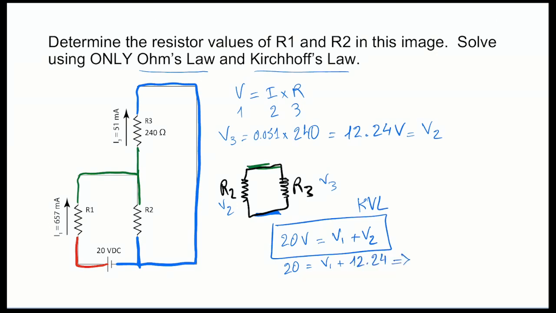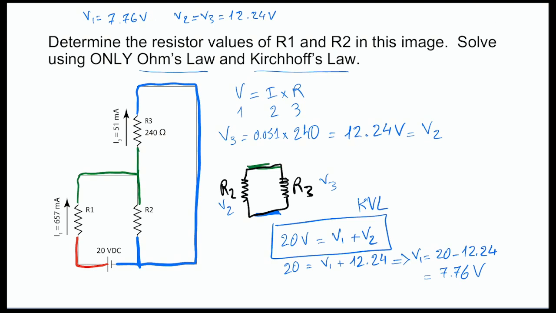Therefore, V1 is going to be equal to 20 minus 12.24, which is 7.76 volts. So we have V1 equal to 7.76 volts, and V2 equal to V3 equal to 12.24 volts.